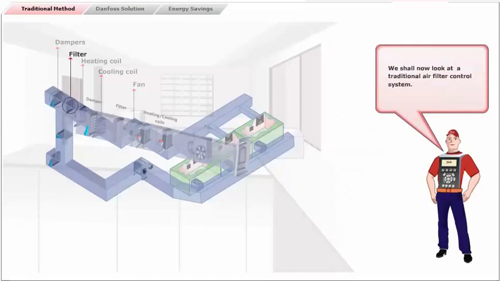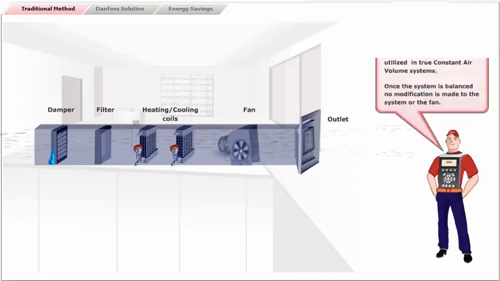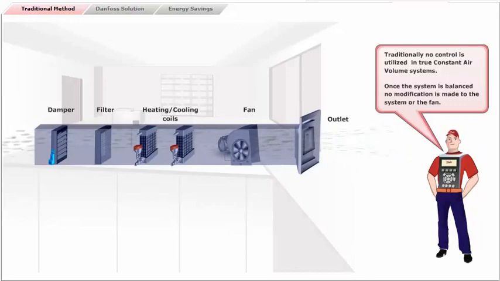We shall now look at a traditional air filter control system. Traditionally, no control is utilized in true constant air volume systems. Once the system is balanced, no modification is made to the system or the fan.